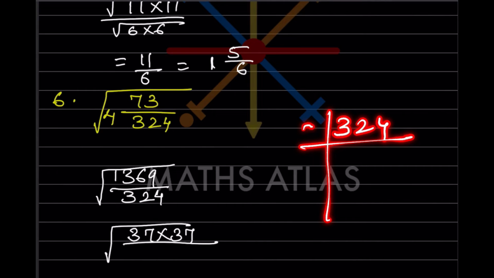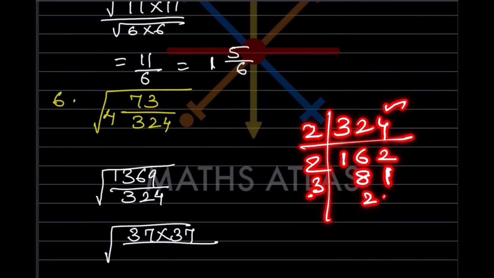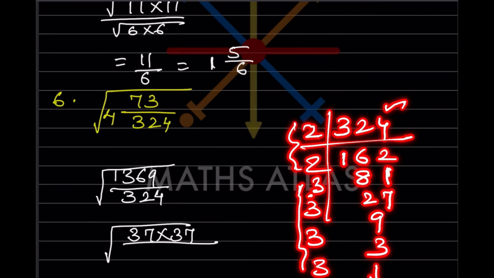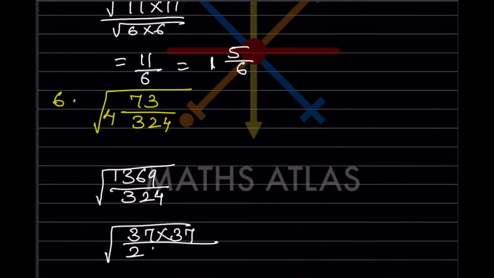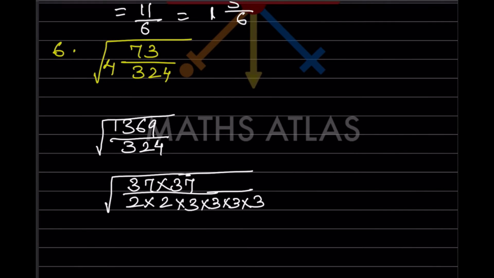Now look at here, 2. It goes with 2 because the unit place is an even number. So here 2 8s are. Now this will go with 3. So how many 2s do we have? 2, and 3s we have 4. So we are going to write here root of 37 into 37 divided by root of.